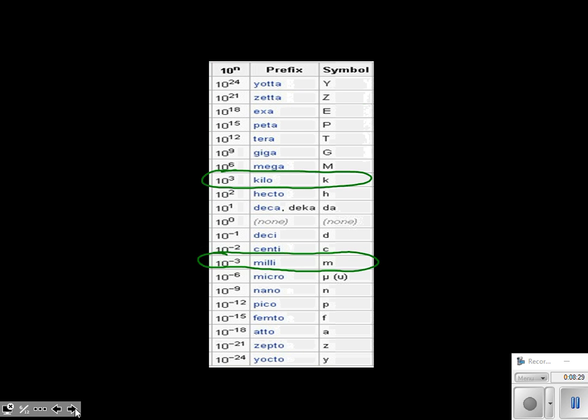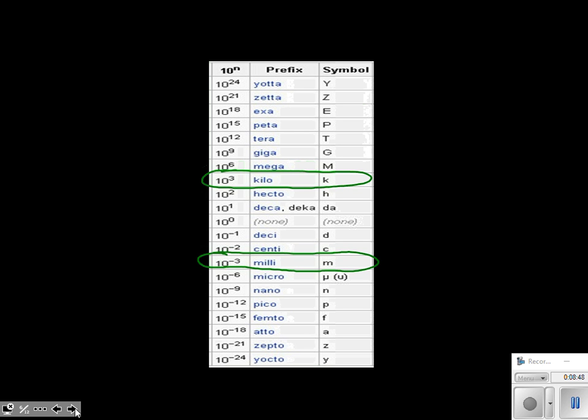Now, the way you've been taught to do it is to jump and bounce probably from one to the other. I'm going to show you how to do it by reading this 10 to the minus third and that 10 to the third.